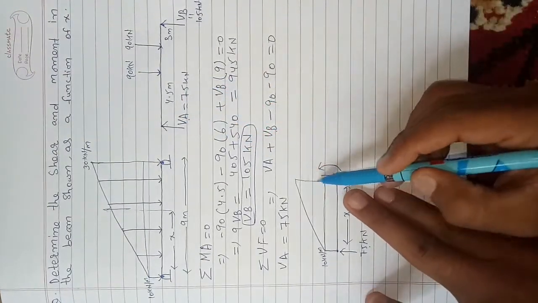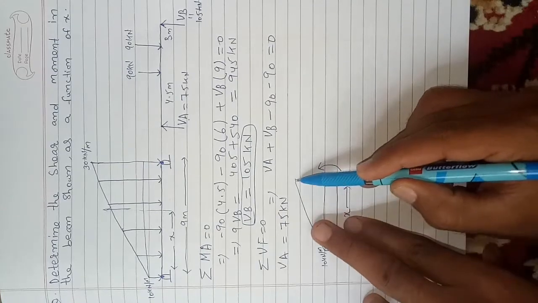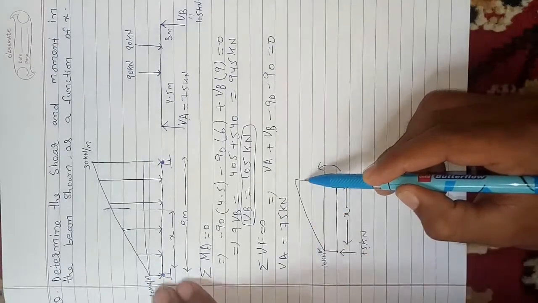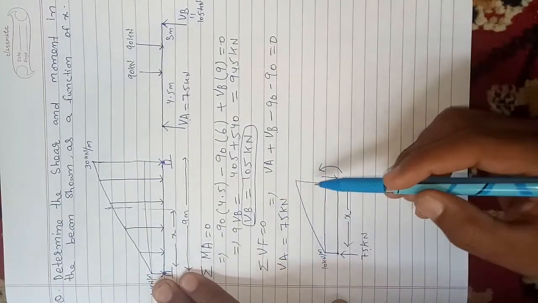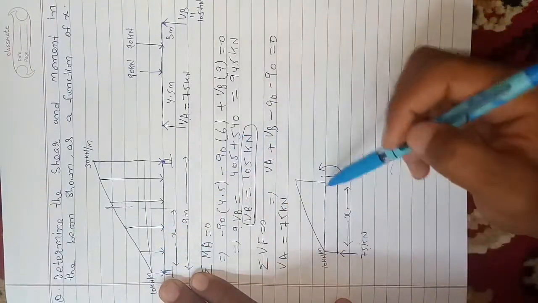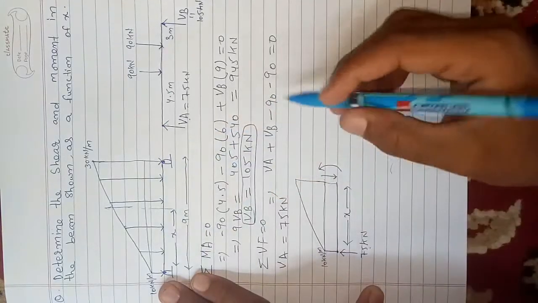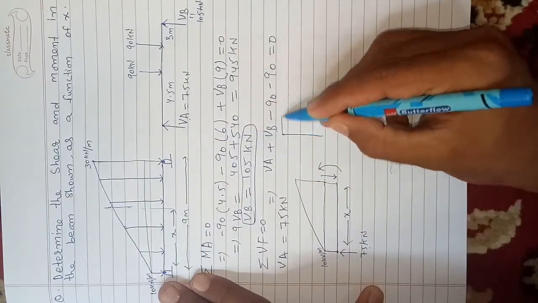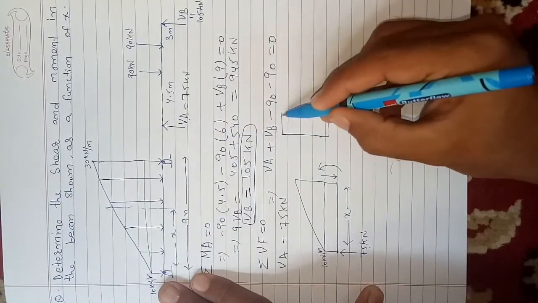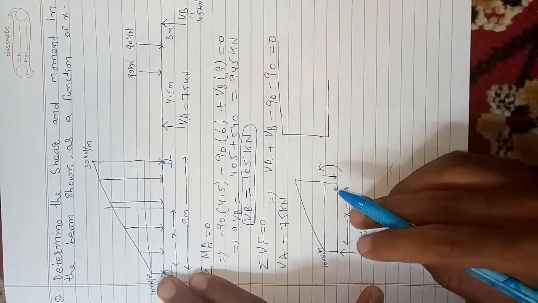Now I have to find this force. I can find this using the property of similarity between two triangles. If two triangles are similar, the ratio of their corresponding sides will be equal.